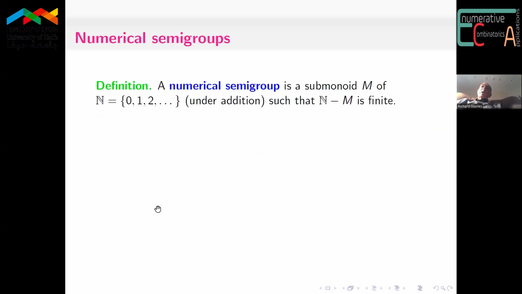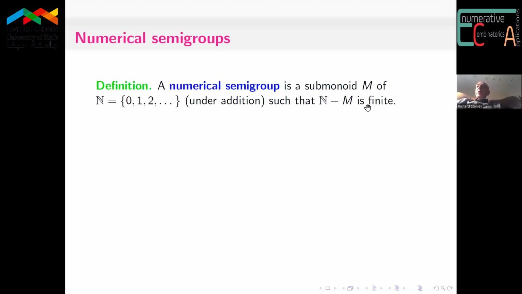Well, what is a situation in which cyclotomic sets occur? Well, they've shown up in the theory of numerical semigroups. By definition, a numerical semigroup, it really should be called a numerical monoid, but this is the standard terminology.